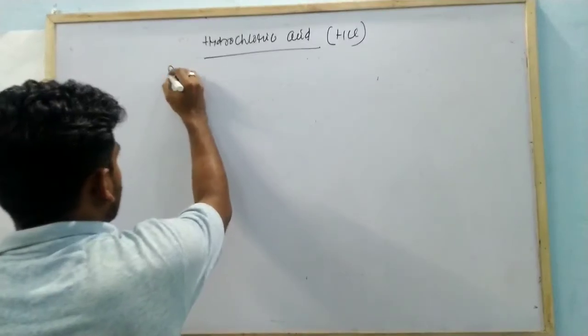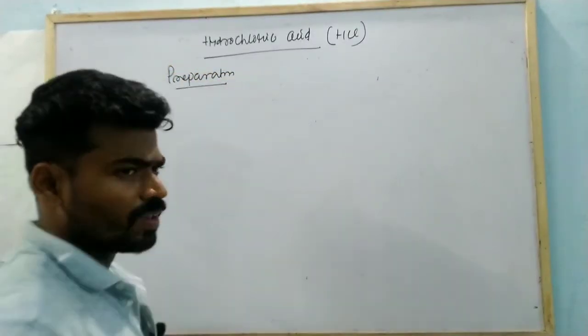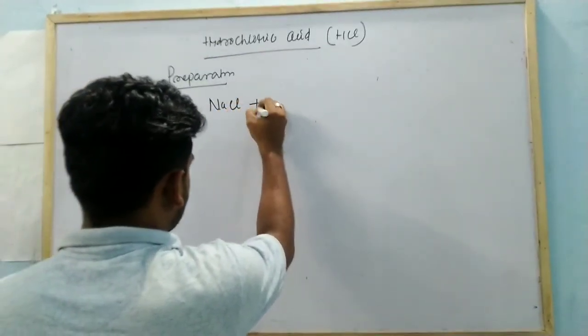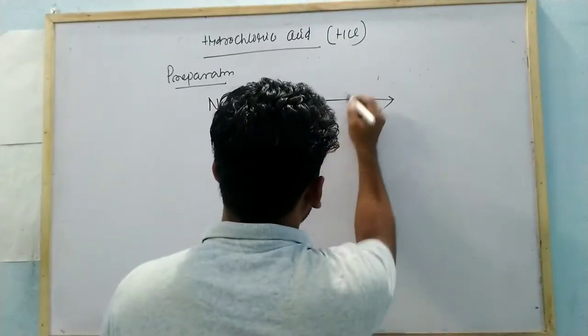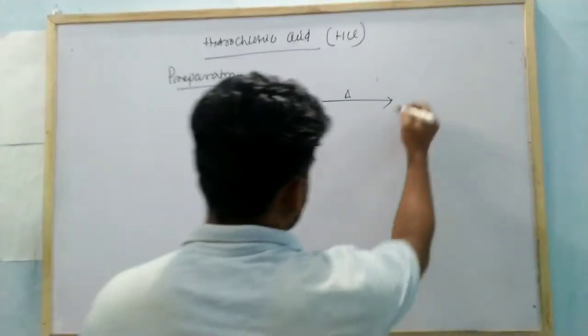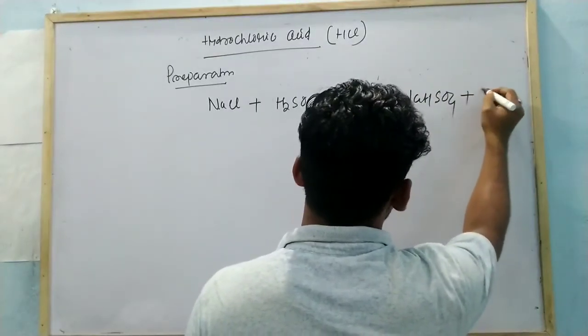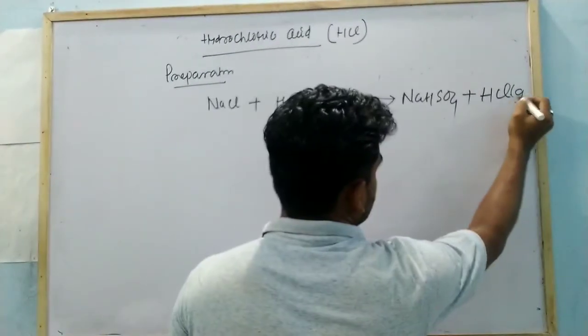First one is its preparation. How do you prepare it? NaCl plus H2SO4, a little bit of heating is required. We get NaHSO4 plus HCl gas.